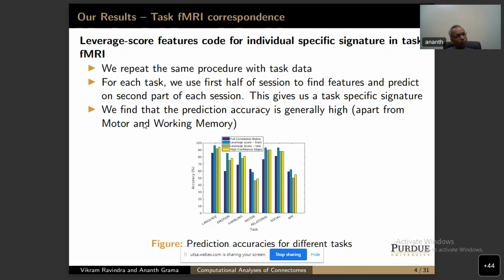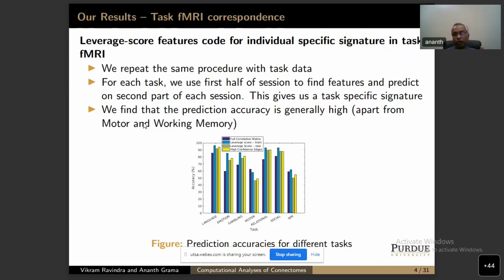So you might ask the question, why are motor and working memory not giving us good accuracy? And the hypothesis here is that they actually combine different parts of the brain. So motor has to do with some visual processing. It also has to do with reflex. So there are different parts of the brain that all come together, different stages of motor processing.